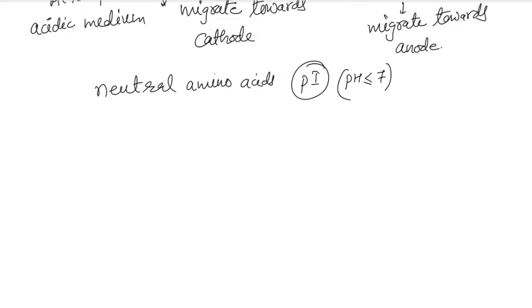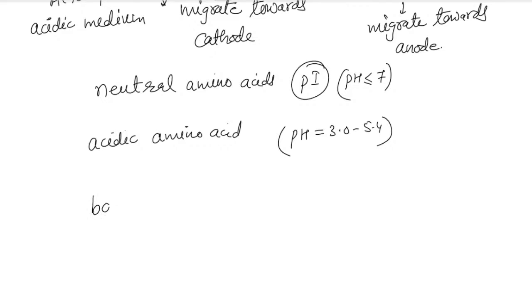But for acidic alpha amino acids, the isoelectric point lies between pH 3.0 to 5.4, and for basic amino acids it lies between 7.6 to 10.8. At the isoelectric point, an amino acid has the least solubility in water.